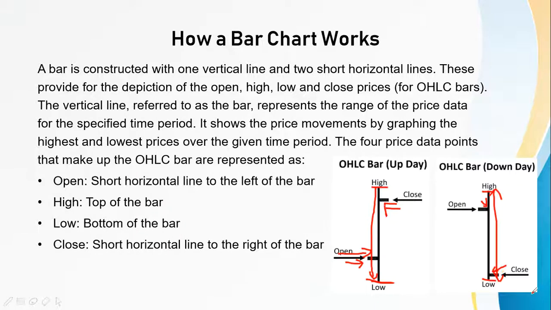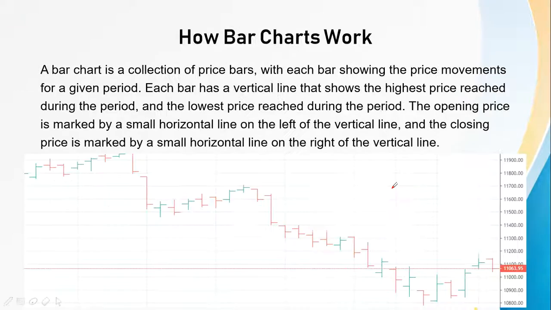As we have seen in this example, the left side is the opening price, and on the right side we have the closing price. The length of the entire bar gives you the trading range of that specific time period, the lower end being the lowest price and the top end the highest price.